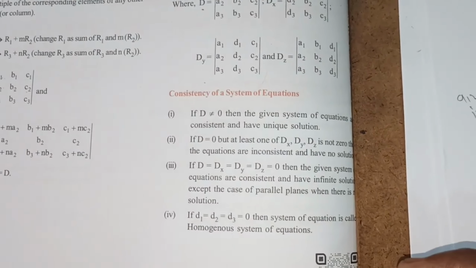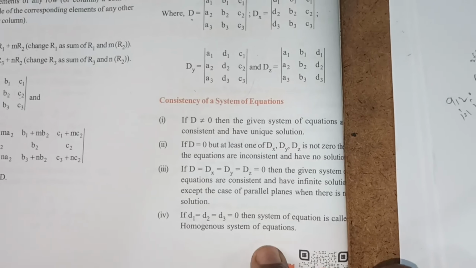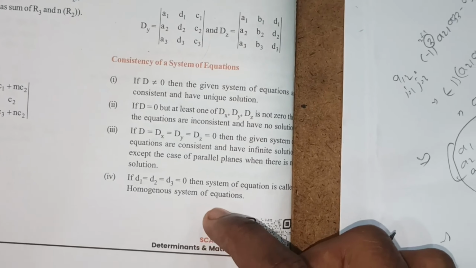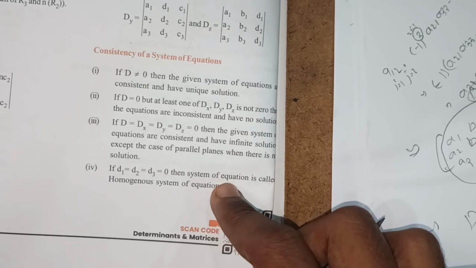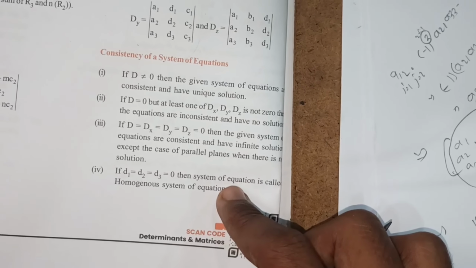for the next case, for d equal to dx equal to dy equal to dz equal to 0, the given system of equations is consistent and has infinite solutions, except in the case of parallel planes where there is no solution.